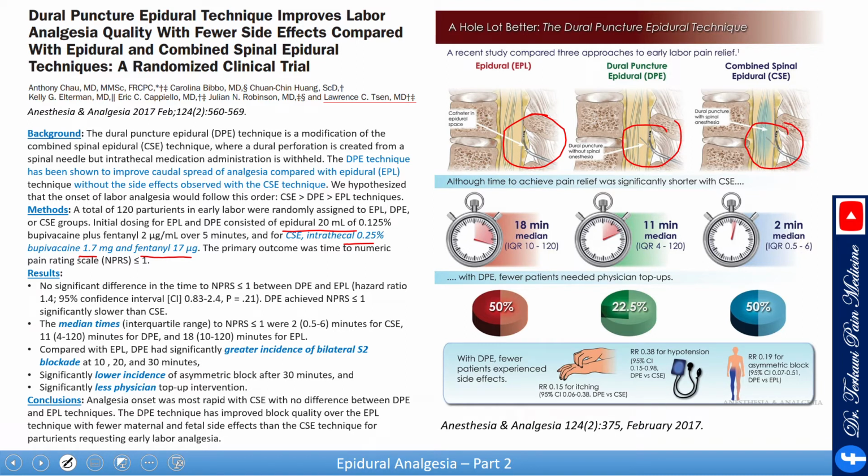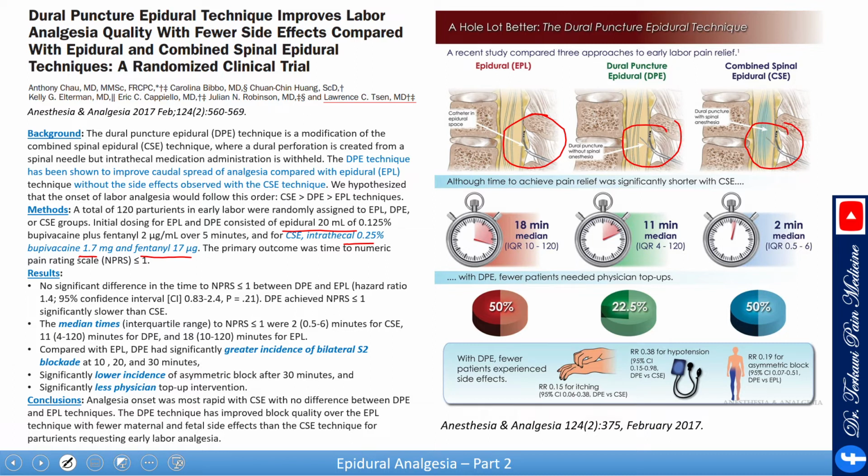What they found was no significant difference in time to pain score less than 1 between the dural puncture epidural and the classic epidural.